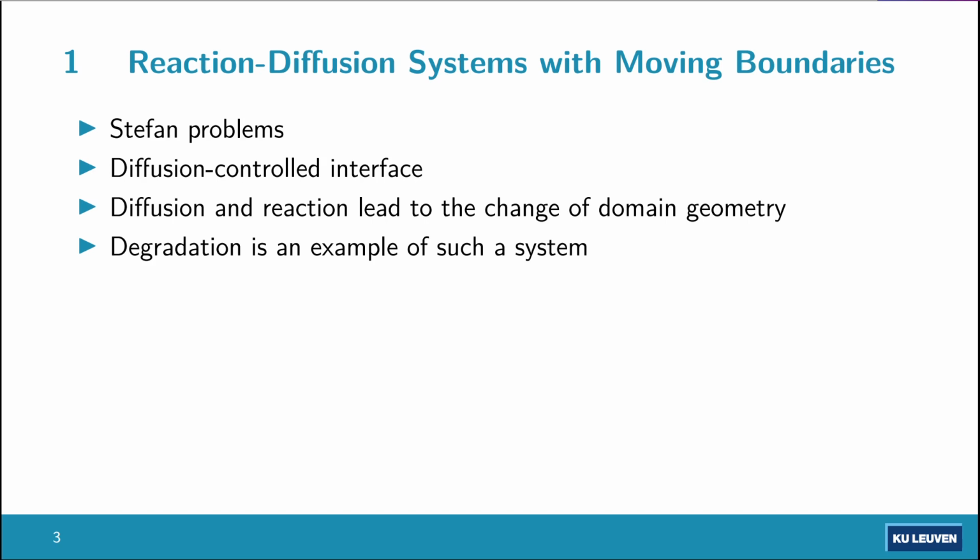And moving boundary problems, usually referred to as Stefan problems, are the systems in which you have to define the interface or the boundaries as part of the solution of the system, of the equations.